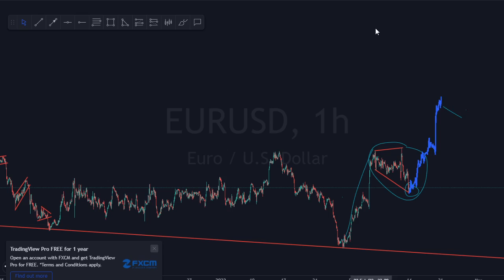That's why I like trading these chart patterns, because they allow me to see what's gonna happen in the market next. That's why I love these chart patterns.